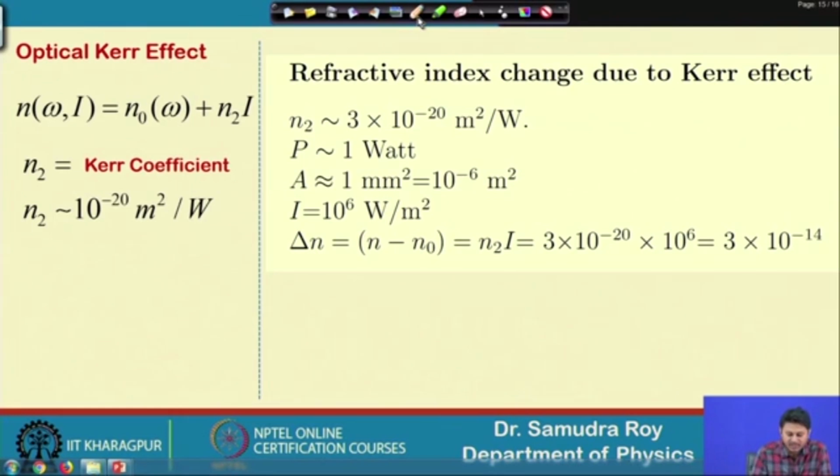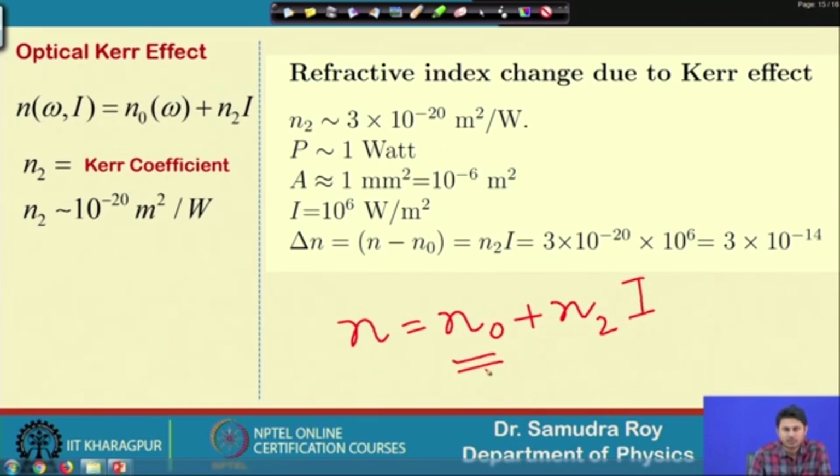So, let me write the equation here: n is equal to n0 plus n2 I. This is the refractive index without nonlinearity and this is the refractive index with nonlinearity. So, the increment of the refractive index is nothing but delta n is equal to n minus n0, which is nothing but n2 I.